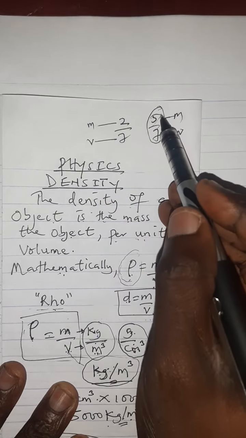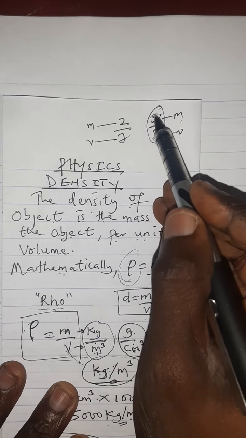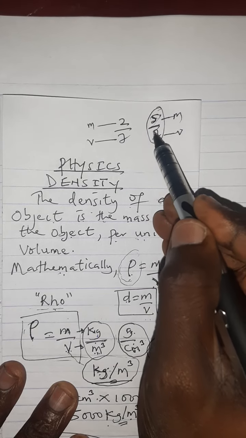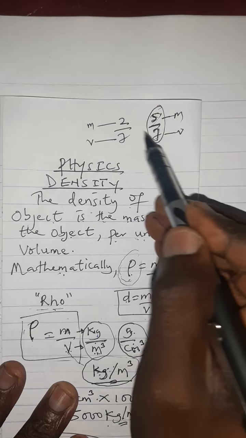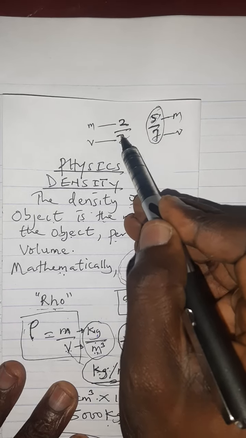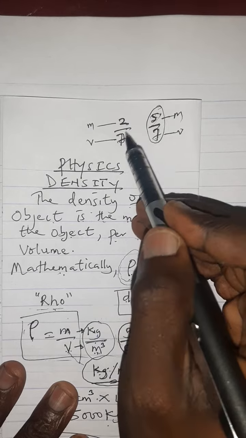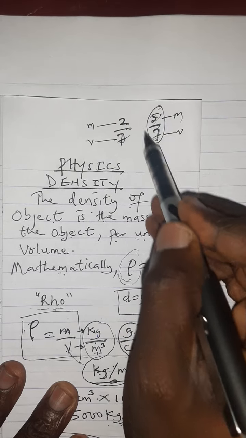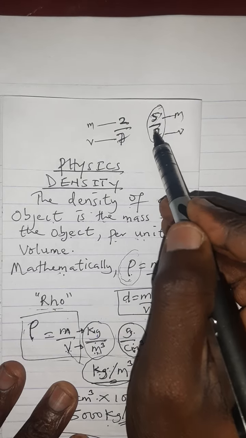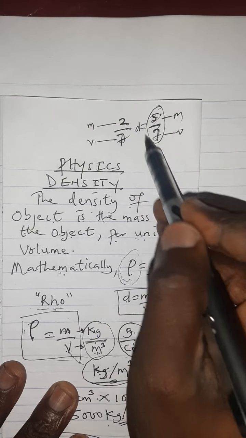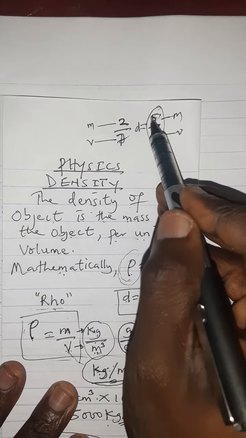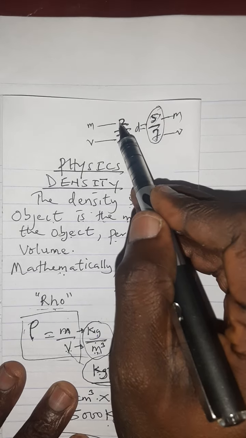You can also look at 5/7 like 5 out of 7. If you give someone 5 out of 7, it's better than giving someone 2 out of 7. So this fraction is bigger than this. If you use your calculator to do 5 divided by 7 to get your density, you have a greater value than this, because the mass here, which is 5, is greater than the mass here, which is 2.